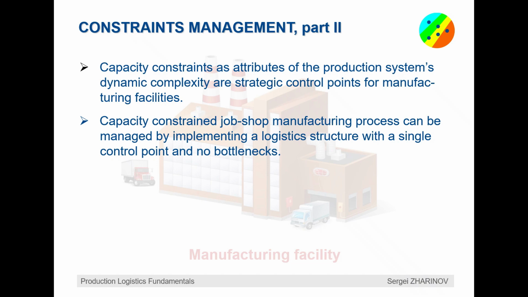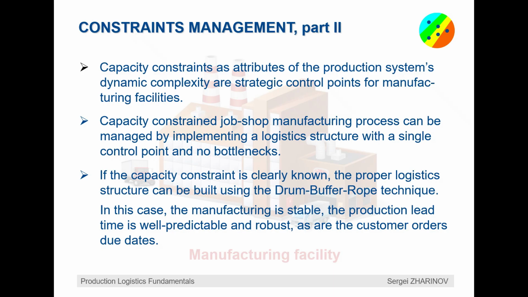Capacity-constrained job shop manufacturing process can be managed by implementing a logistics structure with a single control point and no bottlenecks. If the capacity constraint is clearly known, the proper logistics structure can be built using the drum buffer rope technique. In this case, the manufacturing is stable, the production lead time is well predictable and robust, as are the customer orders' due dates.